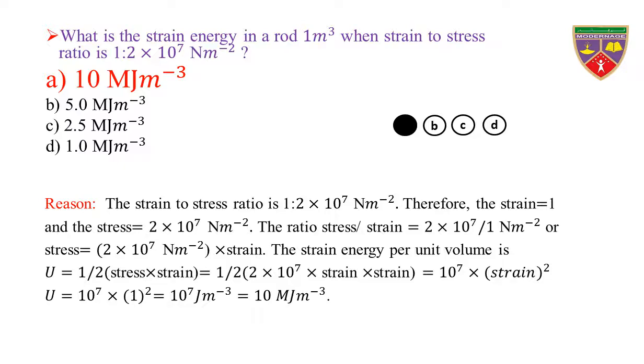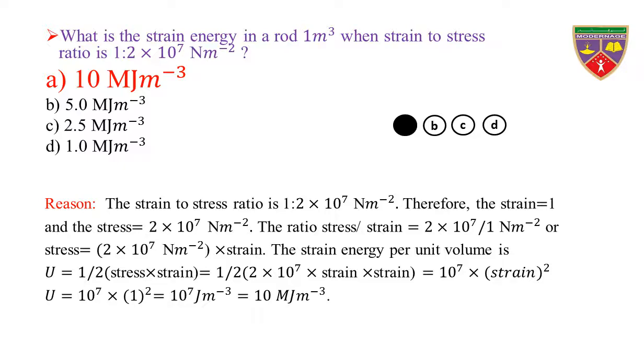The strain energy per unit volume is U is equal to 1 by 2 into stress into strain, which is equal to 1 by 2 into 2 into 10 power 7 into strain, which is equal to 10 power 7 into strain square, because 1 by 2 is cancelled with 2 and strain into strain is strain square, or U is equal to 10 power 7 into 1 whole square because strain is equal to 1.